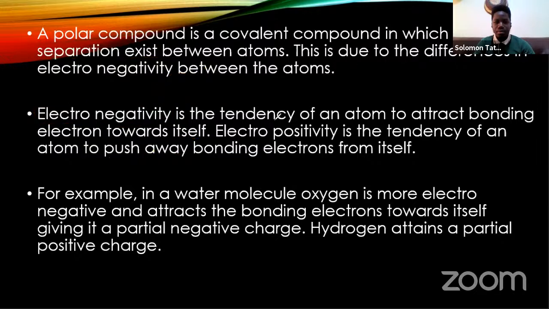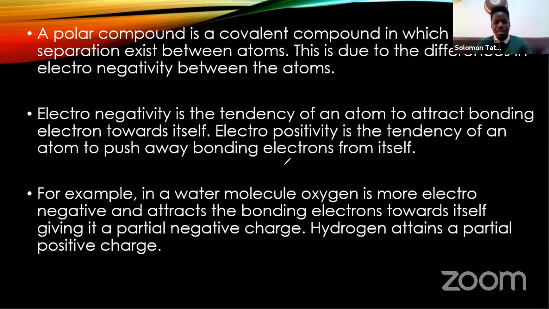An example we have is a water molecule. In a water molecule, oxygen is more electronegative and attracts the bonding electrons towards itself, giving it a partial negative charge. Hydrogen attains a partial positive charge.